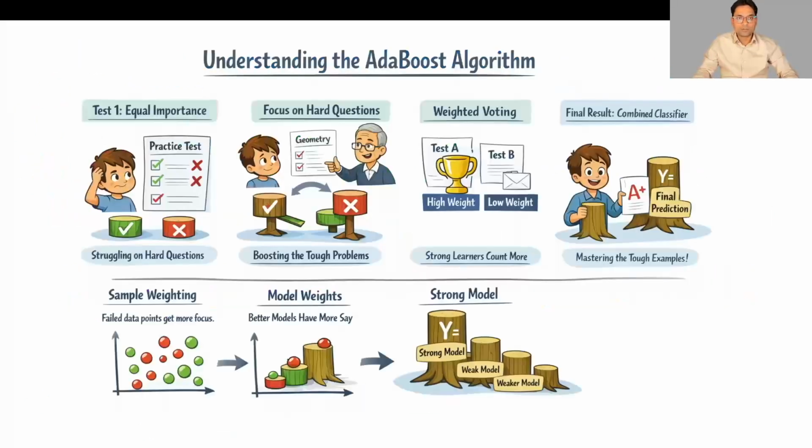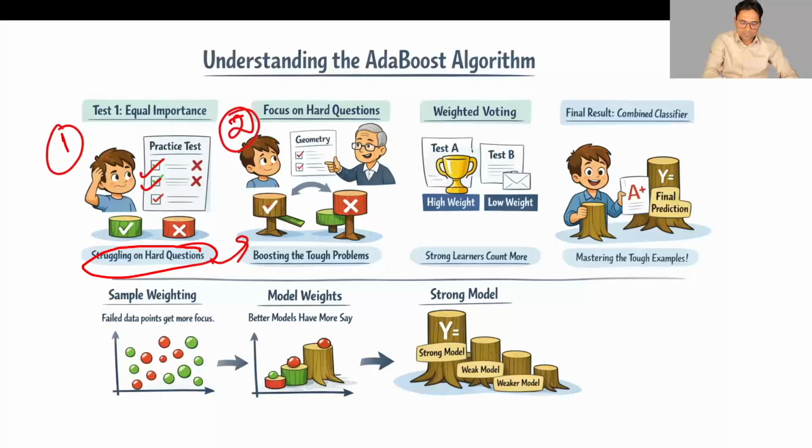Let's see a simple analogy to understand adaptive boosting. Say there is a teacher who is teaching students. He gave a practice test, the first test, and the student got some right and some wrong. Then the teacher found that the student is struggling on hard questions, so the weight for the hard questions is increased in the second test.